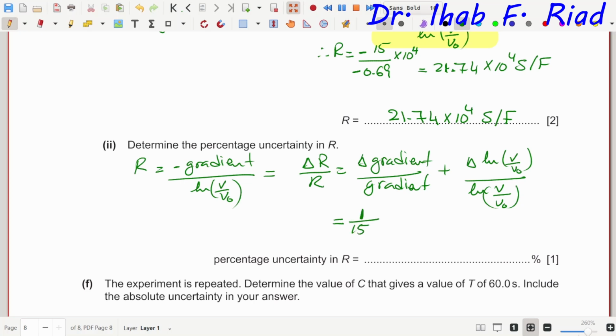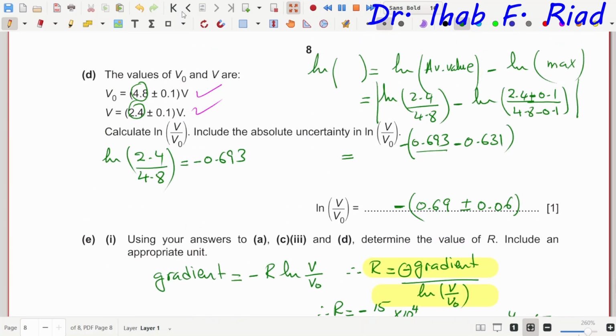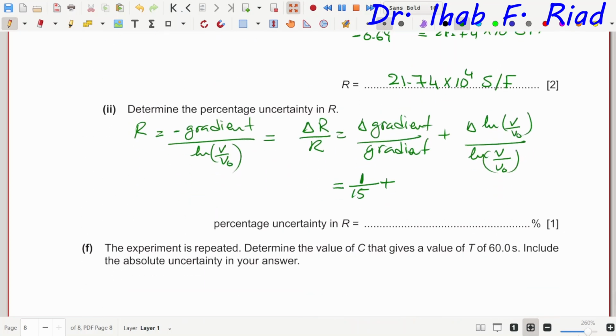The gradient was 15. Delta ln V over V naught, we did calculate before. It is 0.06, divided by 0.69. And we multiply definitely by 100 to get the percentage uncertainty.